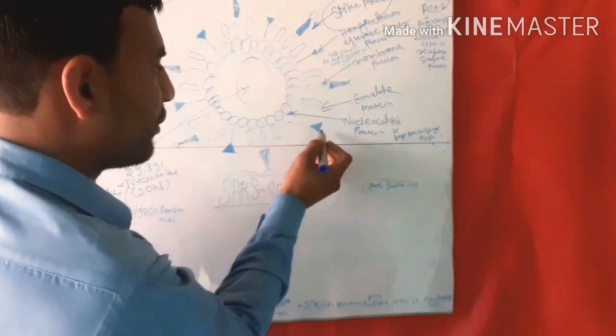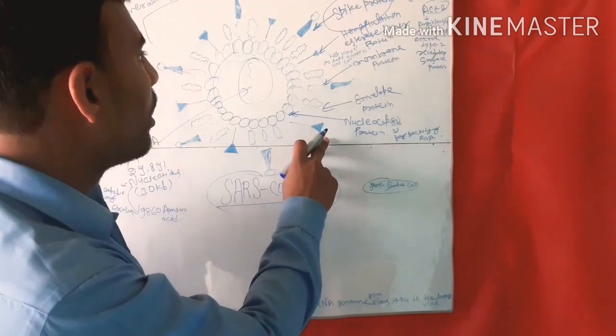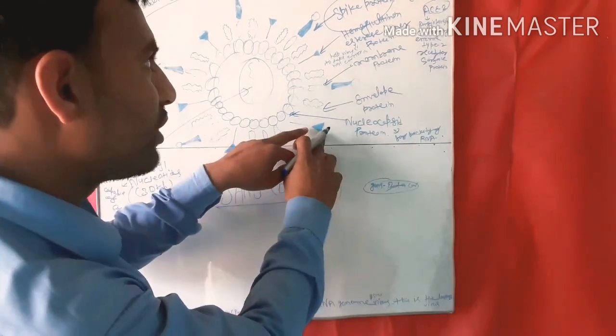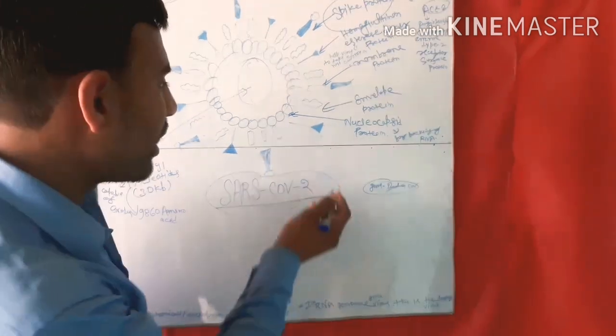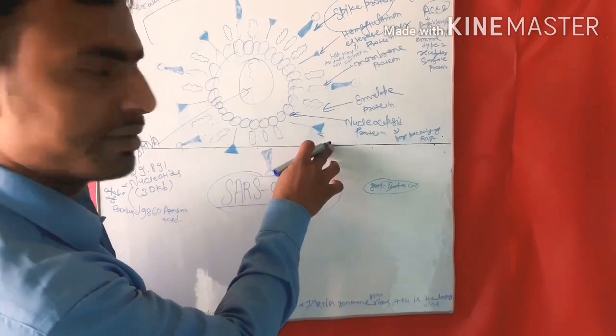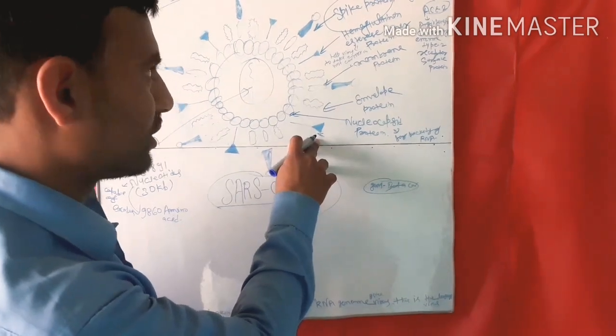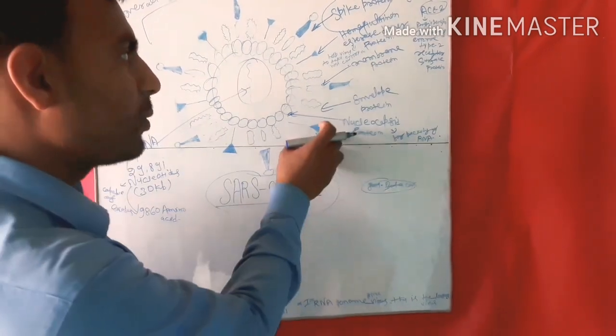This is the hemagglutinin esterase dimer protein, and this helps the virus to take entry in the host body, the host cell.